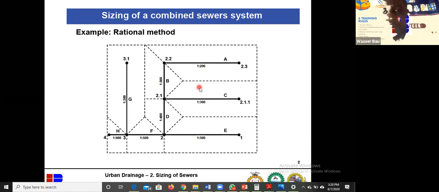This is a bit irregular, but in real life, it's not going to be regular. It's going to be very, very natural looking, different shapes. But for the purpose of this training, for the purpose of learning, we just have to make it look regular.